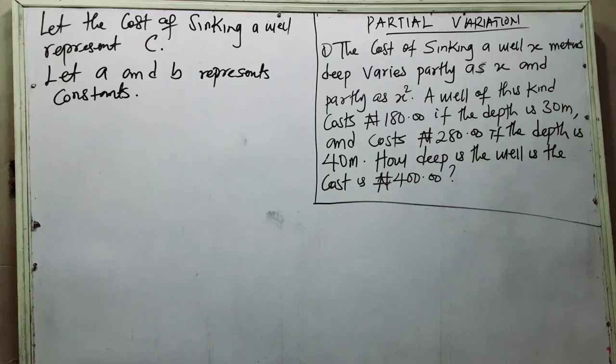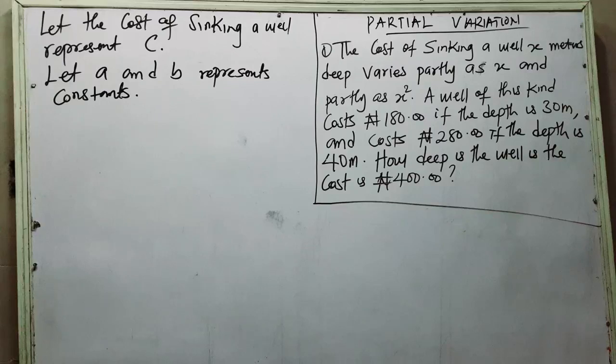So what is the variation, according to my videos that explain partial variation? I explained that many conditions sometimes affect only one situation.